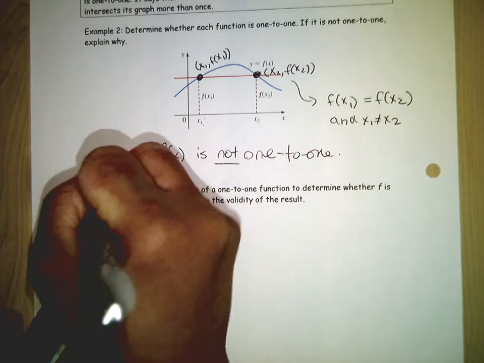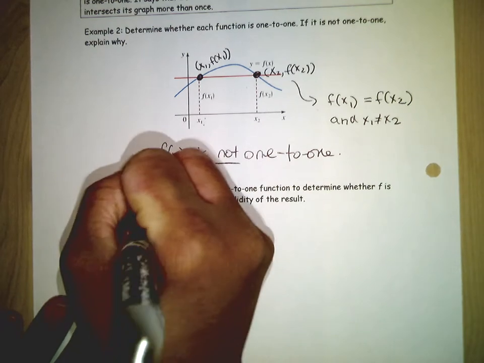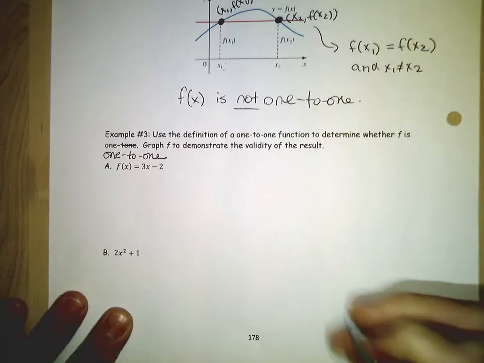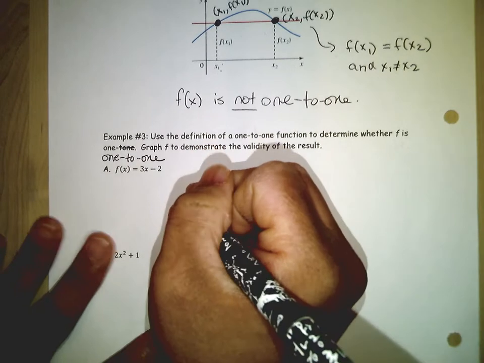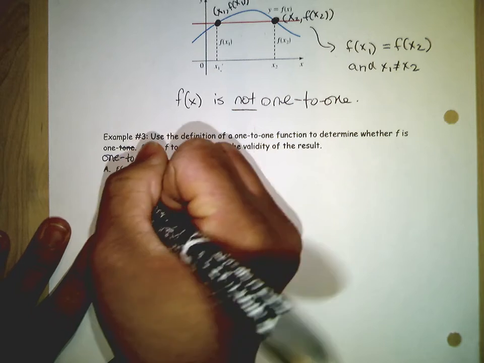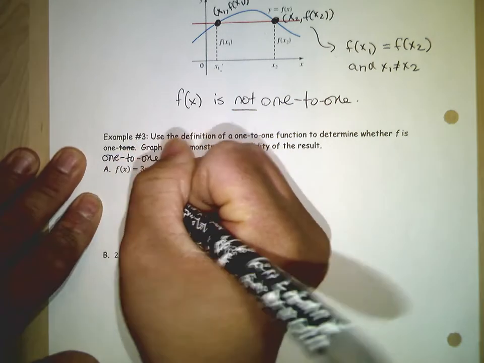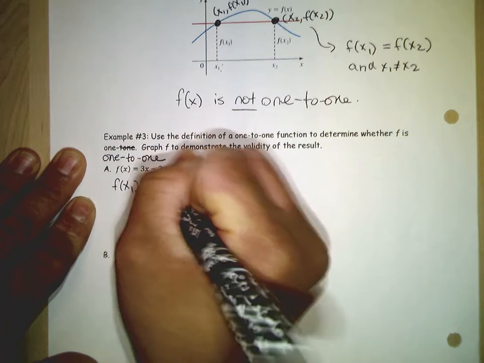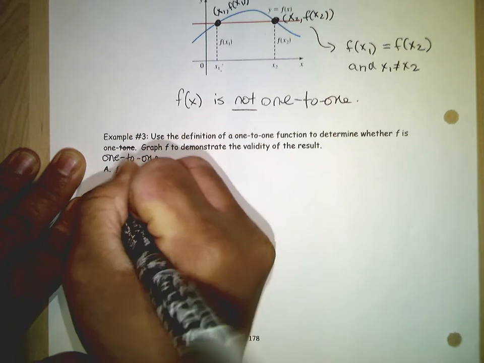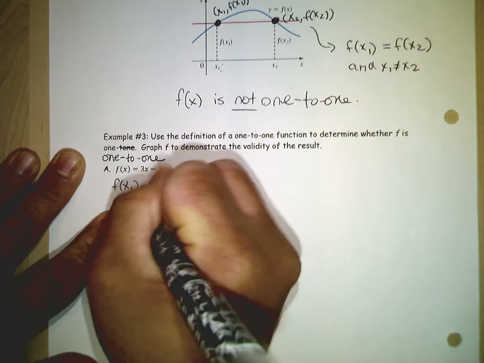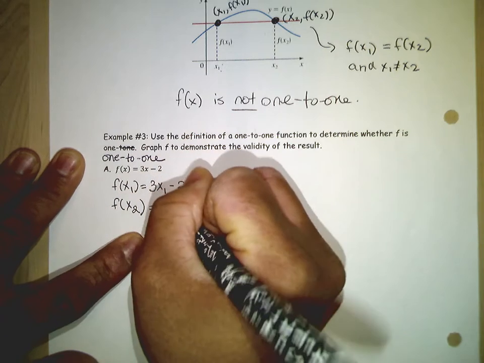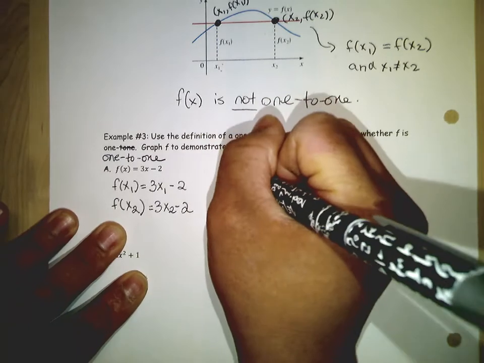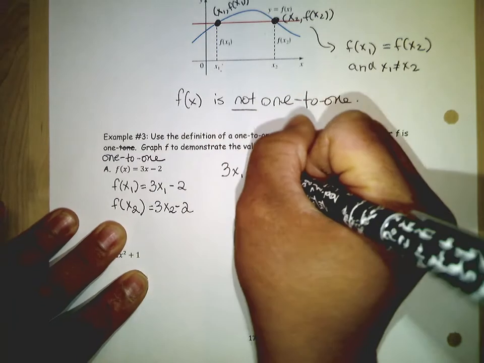All right, so use the definition of a one-to-one function to determine whether f is one-to-one, and graph f to demonstrate the validity of the result. That means that we need to find f of x1, which is 3x1 minus 2, and f of x2, which is 3x2 minus 2, and see what happens when these are equal.